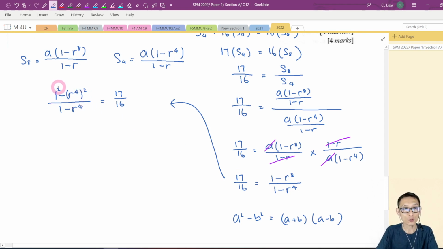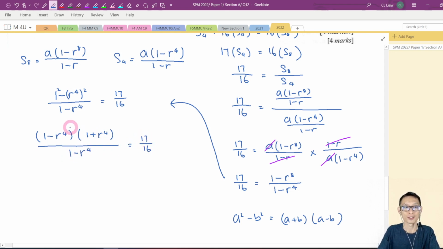Now you see a square minus b square. We can use this formula. So it's actually equal to 1 minus r power 4 times 1 plus r power 4. And this is 1 minus r power 4, 17 over 16. Now these two can be simplified. 1 minus r power 4 is equal to 17 divided by 16.